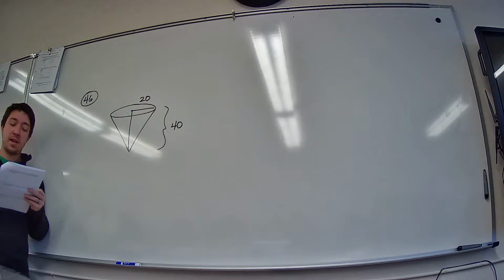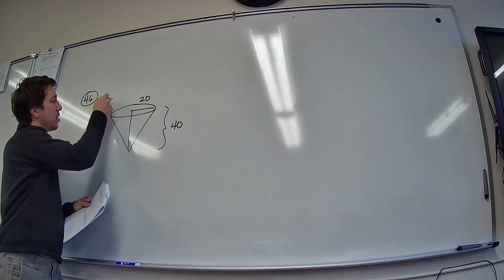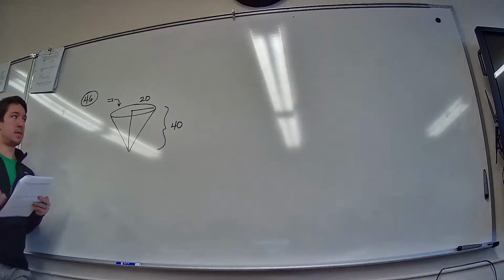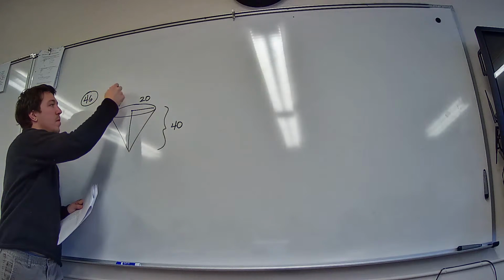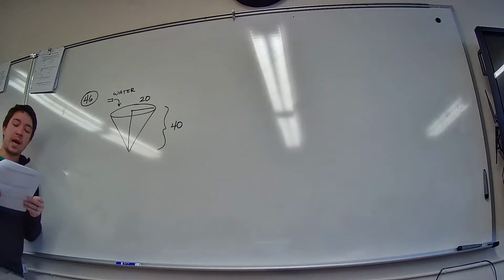It's a container though, and we're going to pour in water from the top. So water is going to pour in. And the question is, at what rate is the water level in the container changing when the water level is 30 centimeters? Okay.